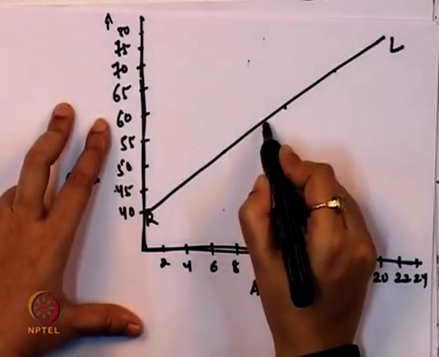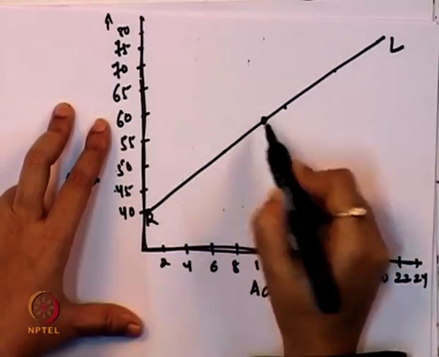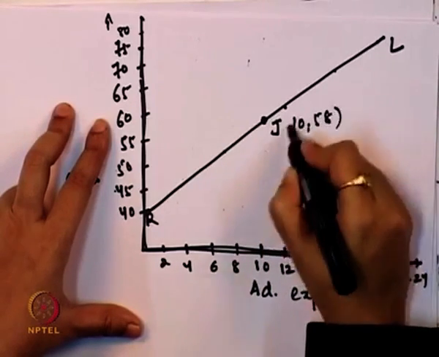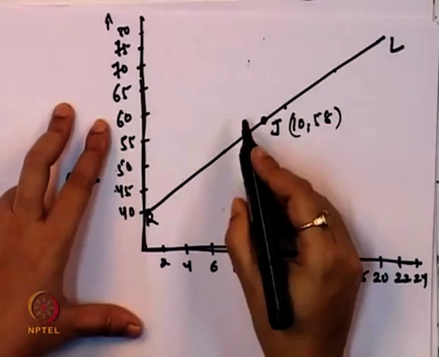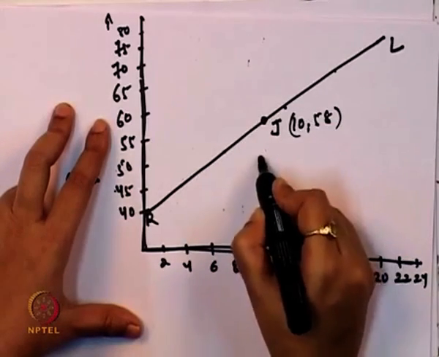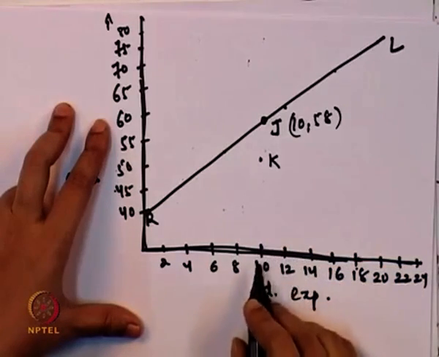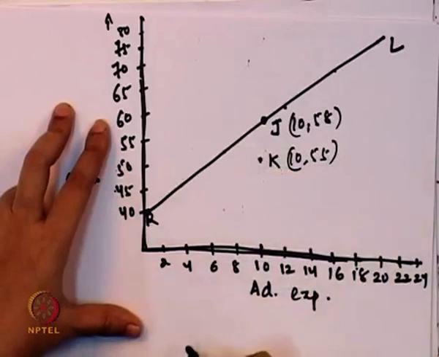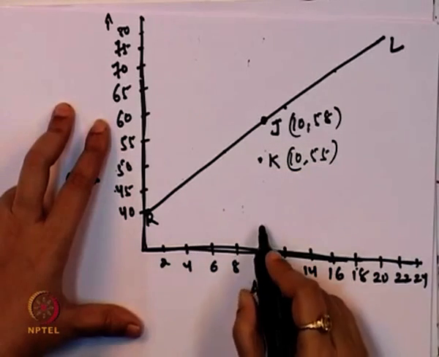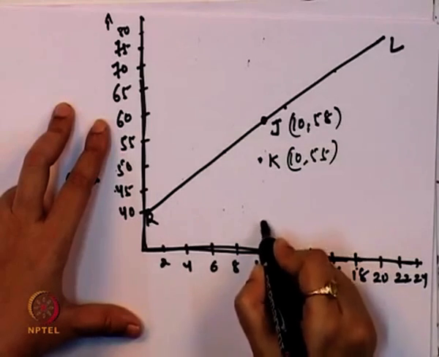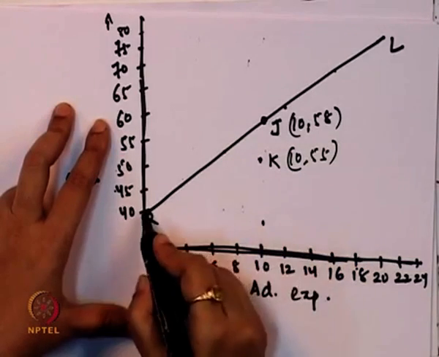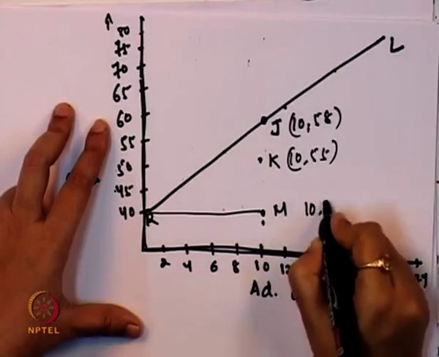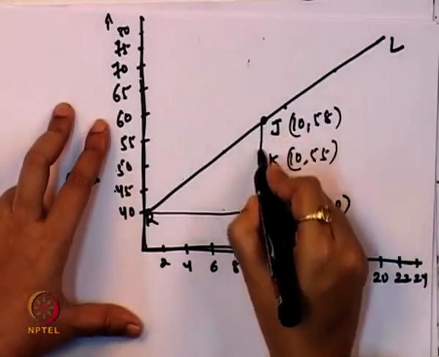So this goes here, suppose this point is point J, where it is 10 and 58. Or maybe below somewhere we get a combination K, which is again 10 and 55. Or maybe we get a combination M, somewhere around 40. So this is combination M, where we get 10 and 40.